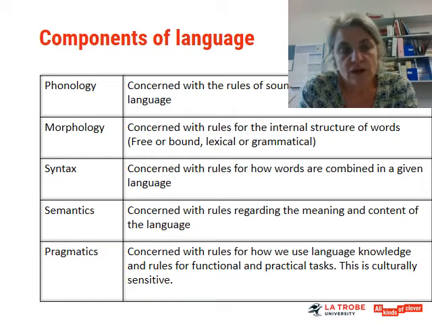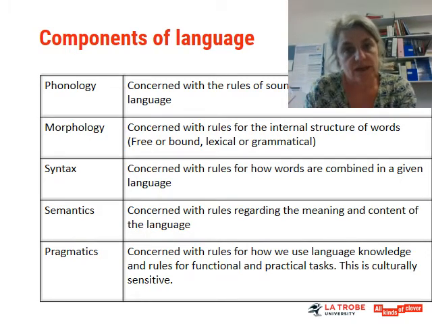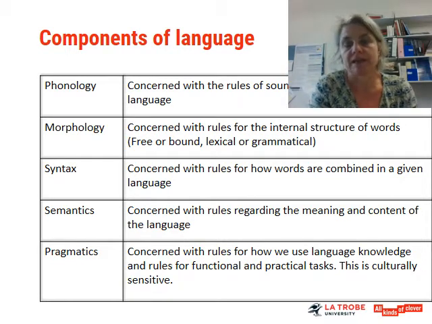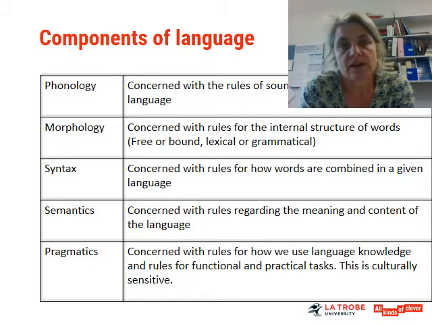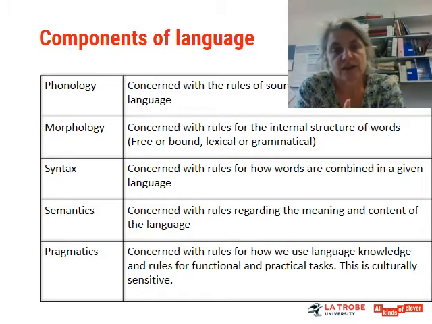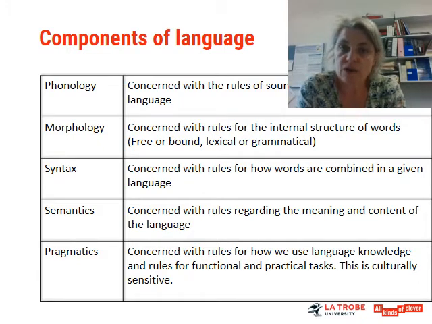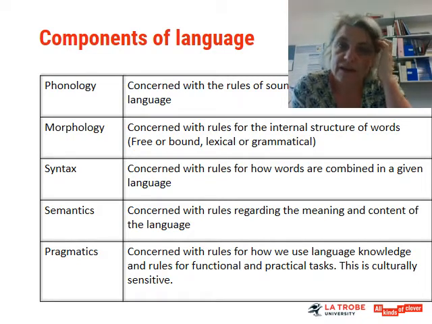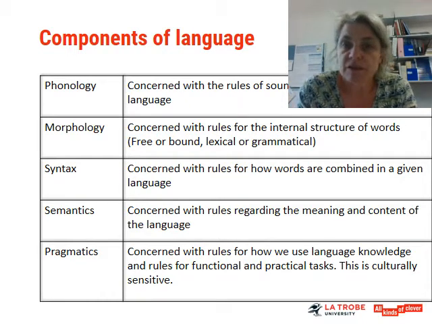The third rule of a language is around syntax, and that's how words are combined in a certain order to make meaning. So in English, we have very strict rules, like every language, about how words are ordered. For example, I might say, I typed the letter.